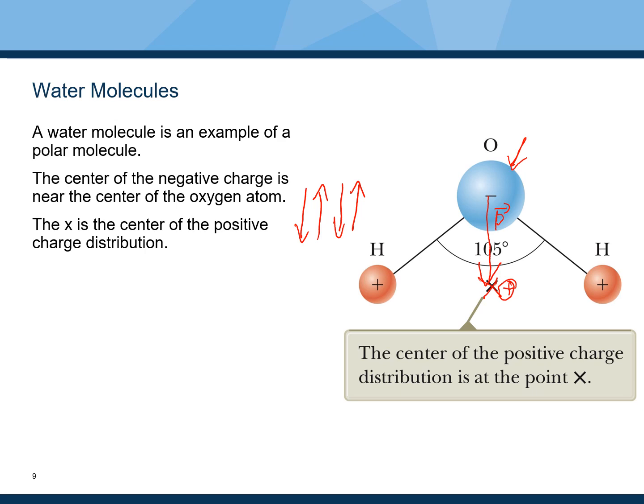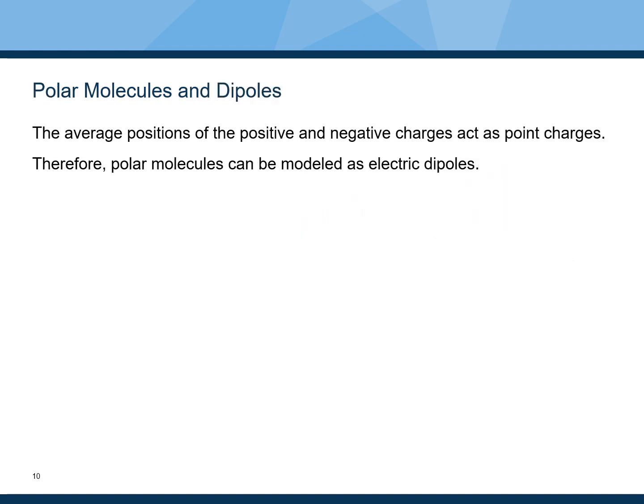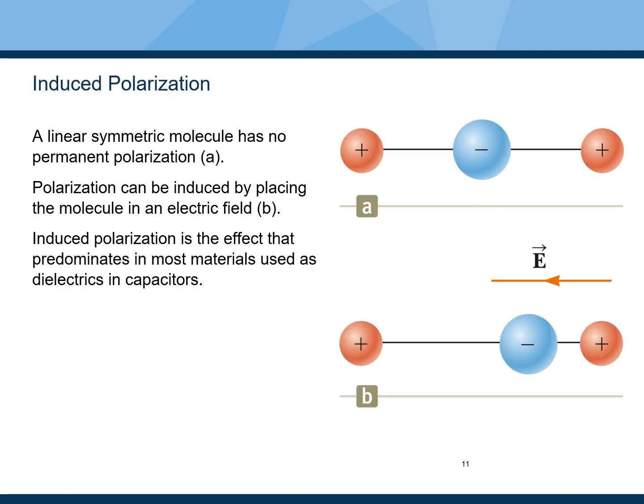Namely, polar molecules are molecules that have an intrinsic dipole moment, but even if you have a molecule that initially does not have any net dipole moment, here you have a linear molecule. The center is at the center and the two ends are positively charged.